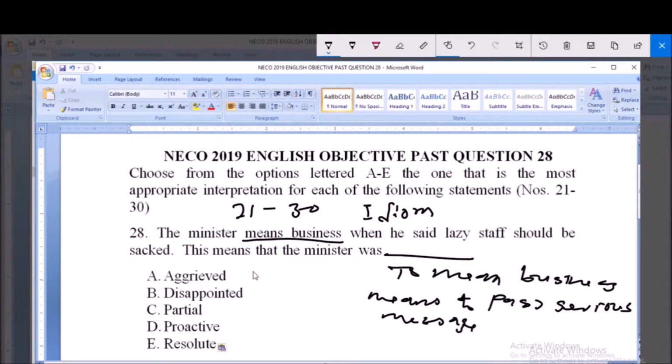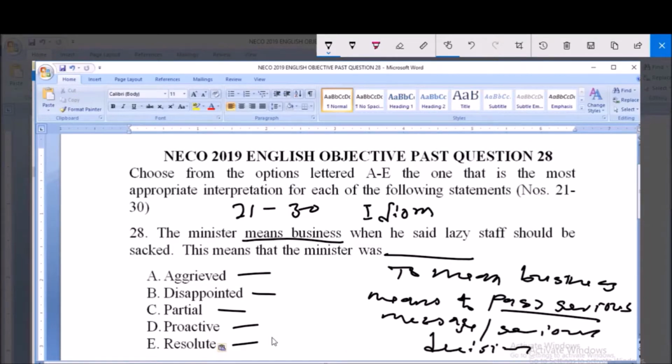Then option A means aggrieved, B says disappointed, C says partial, D says proactive, E says resolute. Now the only word that relates to a serious decision is resolute, that he has made up his mind to take a particular action or to convey serious intent. So option E is correct.